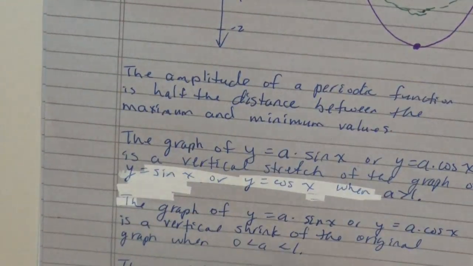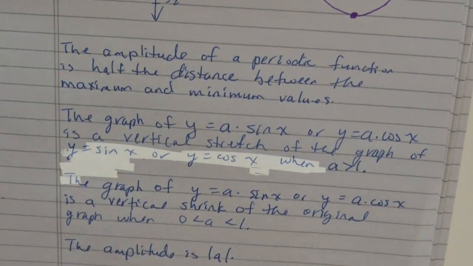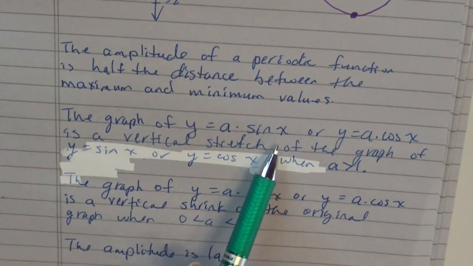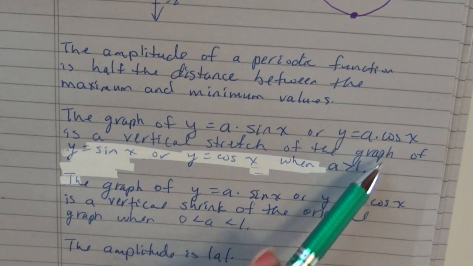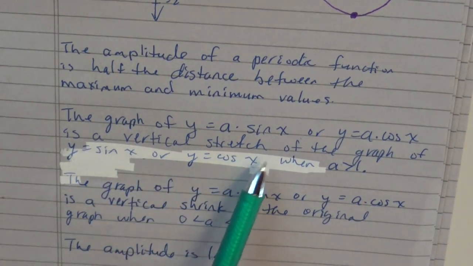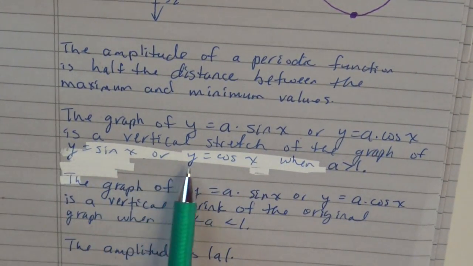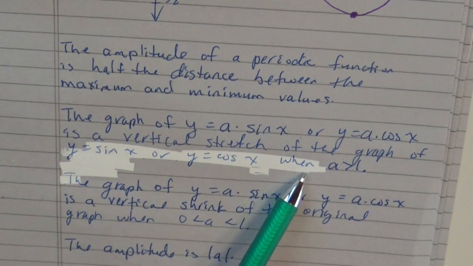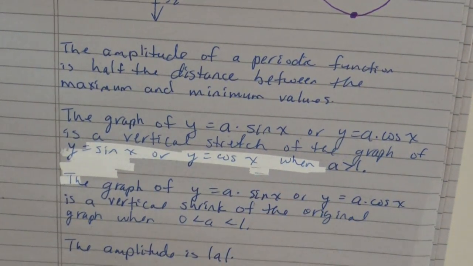So the graph of y equals a times sine of x, or y equals a times cosine of x, is a vertical stretch of the graph y equals sine of x or y equals cosine of x whenever a is greater than 1. And just like you saw in 171, if you multiply a function by a number that's smaller than 1 but still positive, so between 0 and 1, you're going to get a vertical shrink.